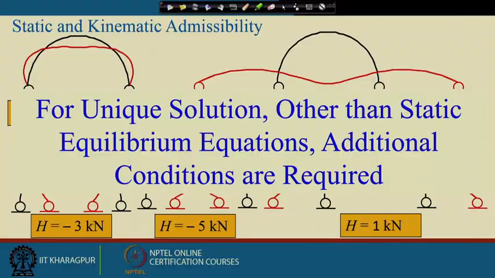So, we need to have a unique solution other than the static equilibrium condition. We need additional conditions, the way we had an additional condition when we went to a footwear store to buy a running shoe. Similarly, here also we have to have an additional condition. And what is that additional condition? That additional condition is the compatibility condition, right?